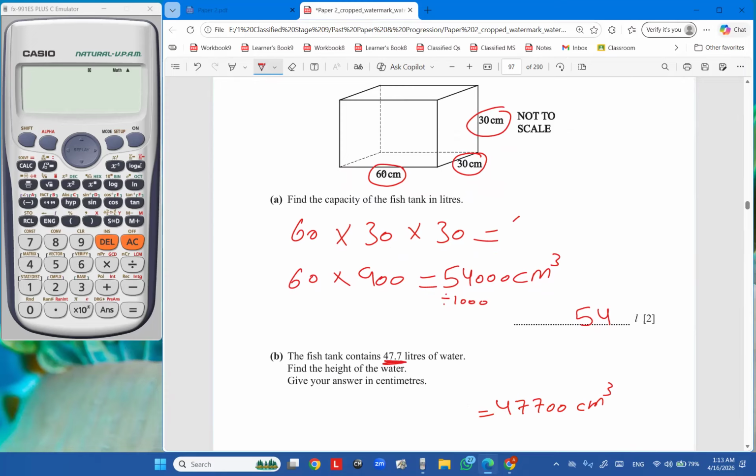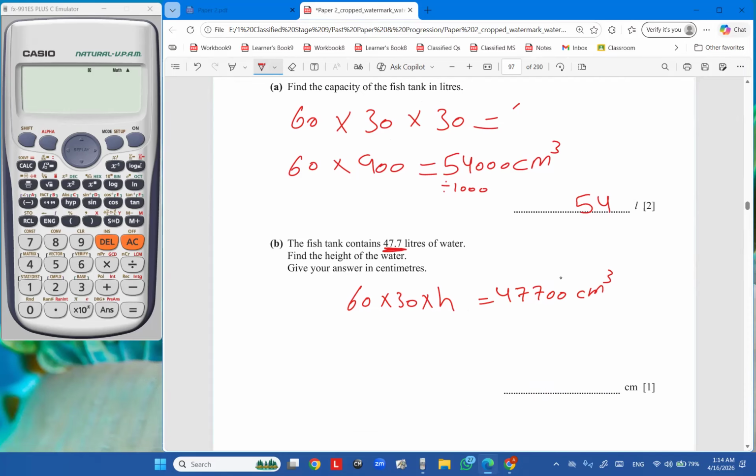Why didn't they say any other numbers? Because we know that it's 60 by 30, but until what height exactly, we don't know. So it is 60 times 30, definitely filled 60 by 30. But how high, we don't know. So times height equals the 47,700 centimeters cubed.